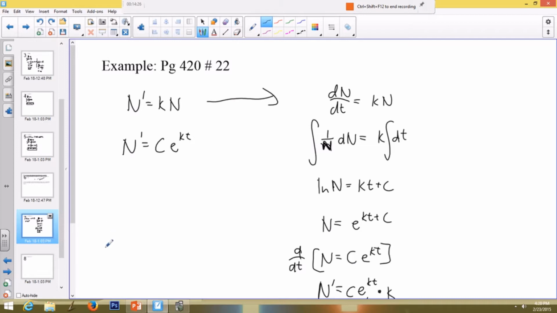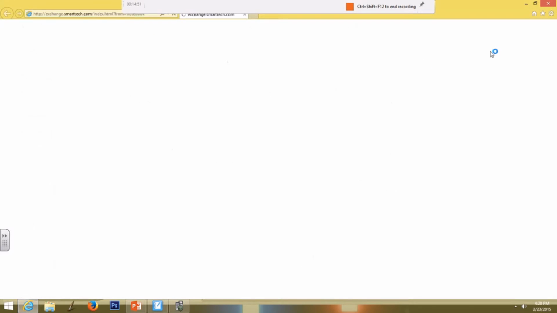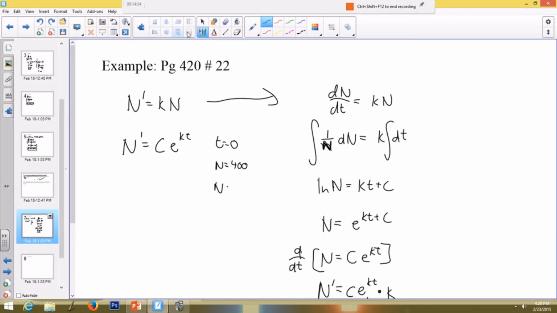They say when t equals 0, N is equal to 250, and when t is equal to 1, N is equal to 400.